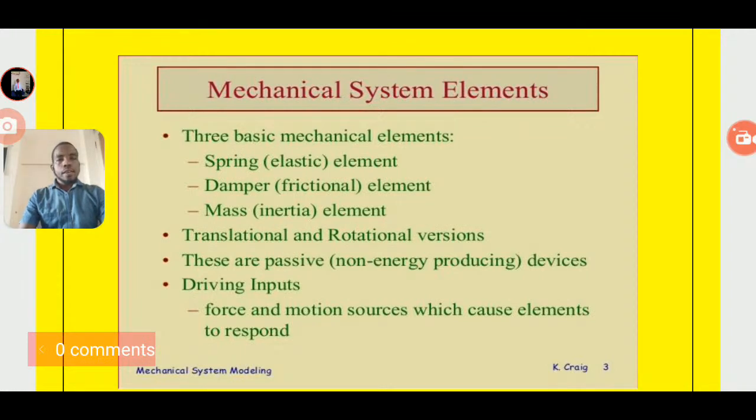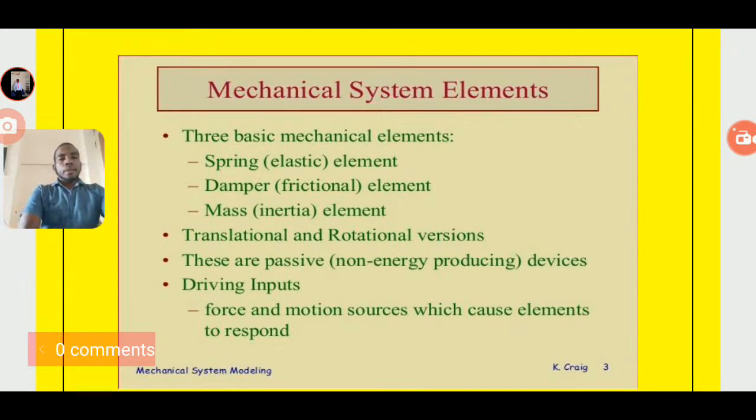When we say mechanical system elements, these elements are due to some movement, some physicality or movement.